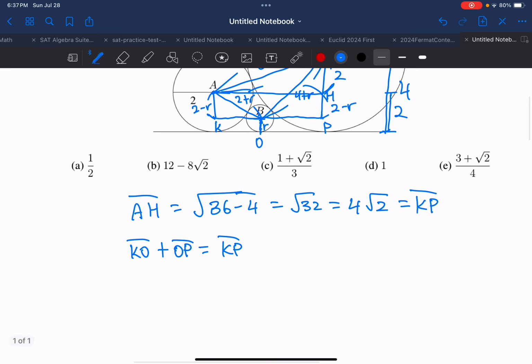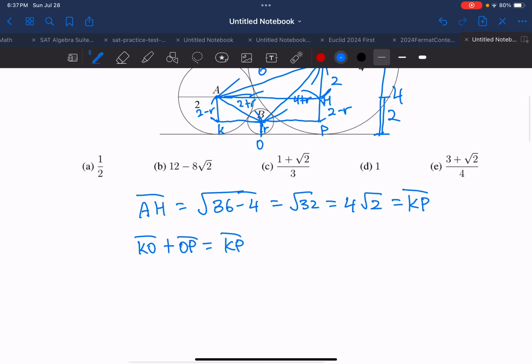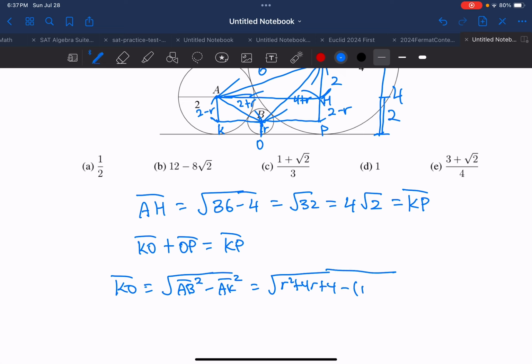So if we want to find the length of KO, KO would equal root of AB squared minus AK squared using the Pythagorean theorem, which is root r squared plus 4r plus 4 minus r squared minus 4r plus 4.